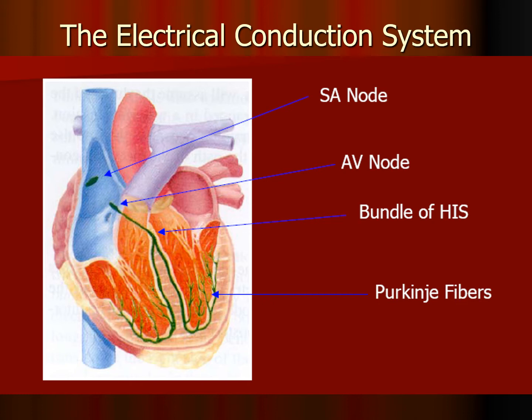That happens at the junction right over in here, which is why some rhythms are called junctional rhythms. That's above your knowledge at this point, but if you ever hear that, that's why we call it a junctional rhythm, because the impulse generates somewhere over here. Then it travels down the bundle of His and then splits off, and way down at the bottom, we have the Purkinje fibers.